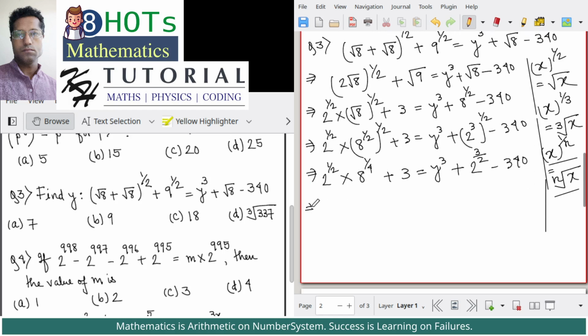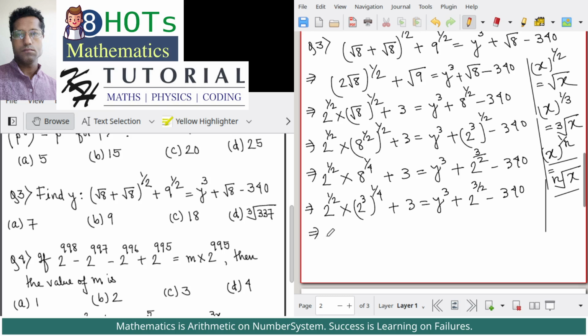Now this implies 2 to the power half multiplied by 8 to the power 1 by 4. What is 8? 8 is 2 cube, and this whole raised to the power 1 by 4 plus 3 is equal to y cube plus 2 to the power 3 by 2 minus 340.